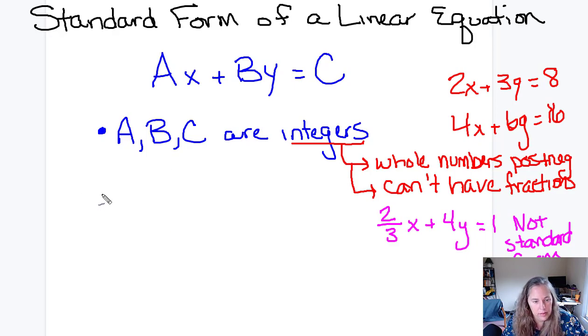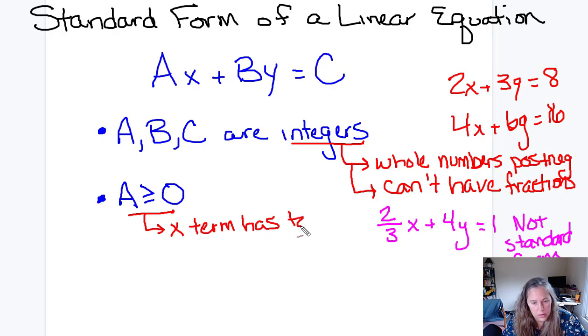The next thing we say is that a has to be greater than or equal to 0, which is the math way of saying the x term has to be positive. A lot of you guys came up with this.